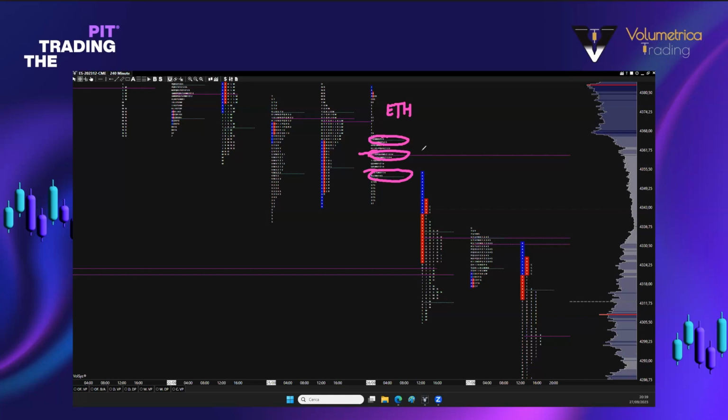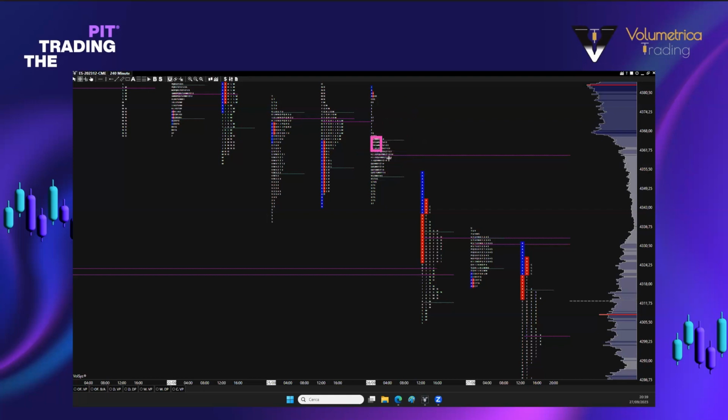So if we take into overall consideration these few hours of trading, even if volume maybe wasn't that strong because we're still talking about an ETH session, this is where we had value.